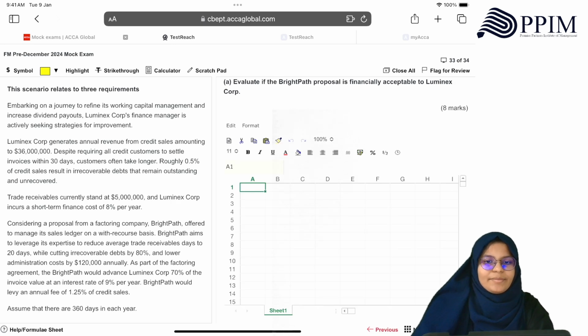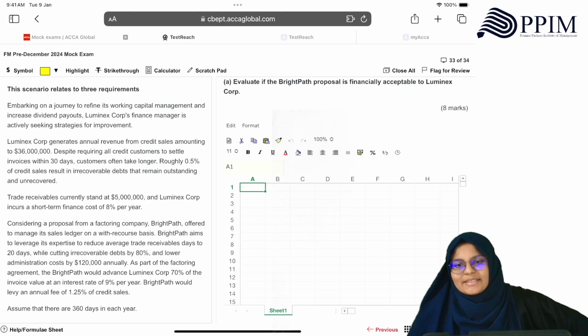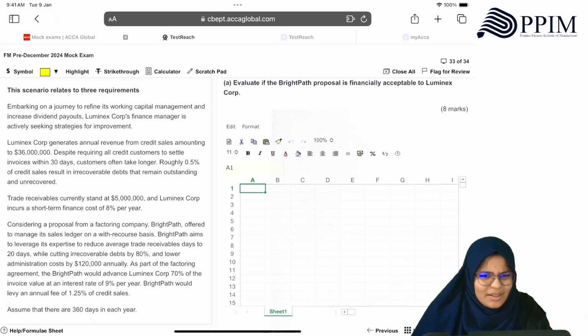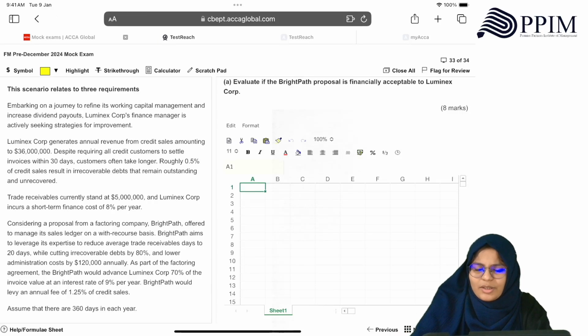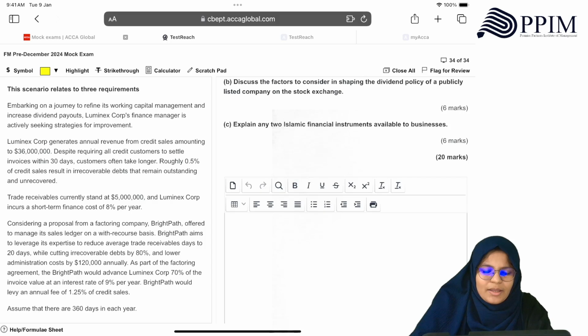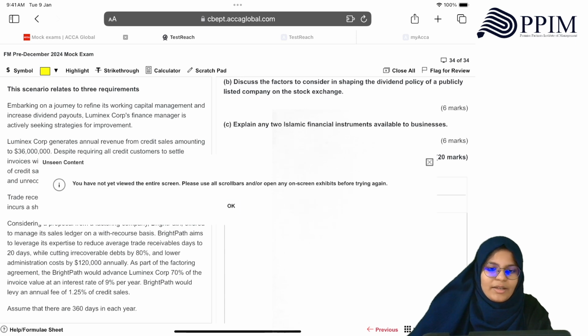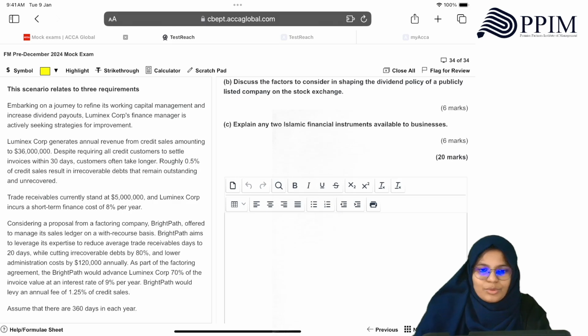They're saying evaluate if the Bright Path proposal is financially acceptable to Luminex Corporation. I'll just read through the requirements. So that's the A part. B is saying discuss the factors to consider in shaping the dividend policy of a public listed company in the stock exchange, and C is to explain any two Islamic financial instruments available to the business. So actually B and C are very easy. Right, so let's look at how to do the A part. That's the only calculation.